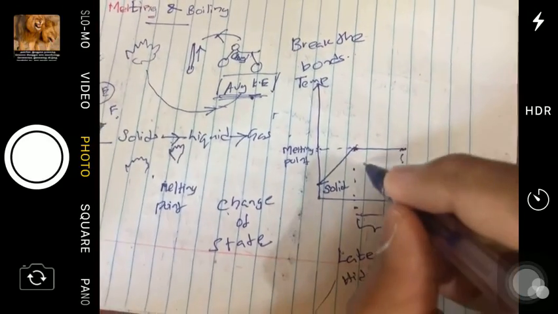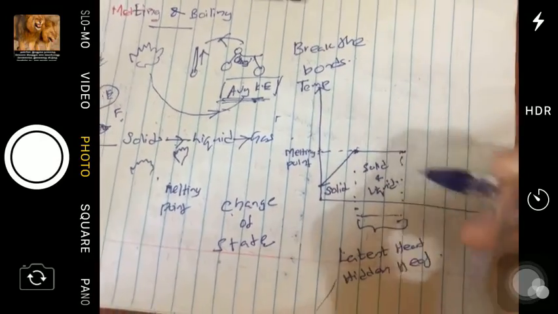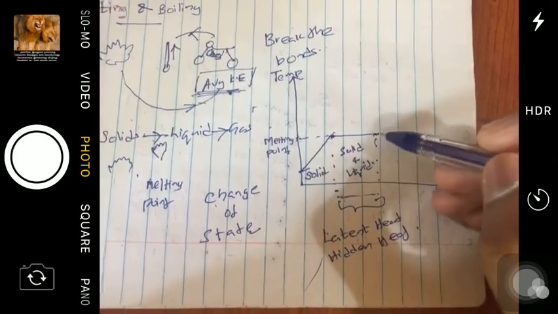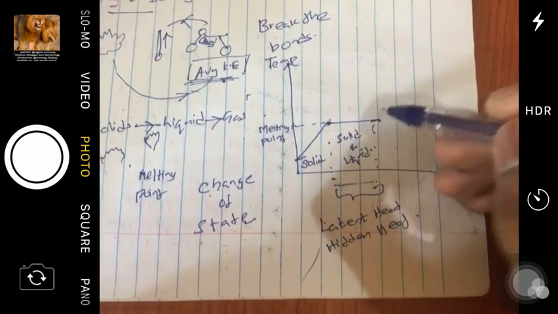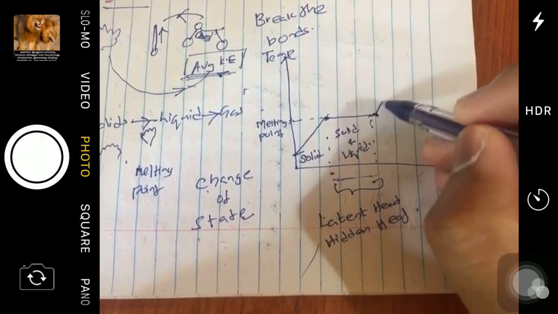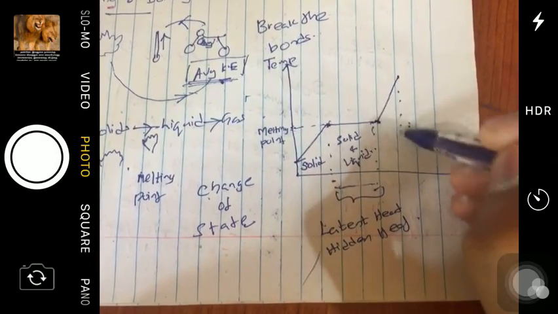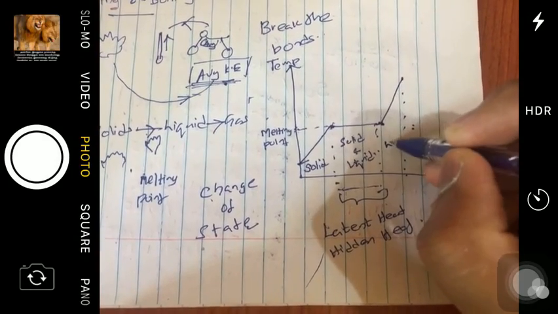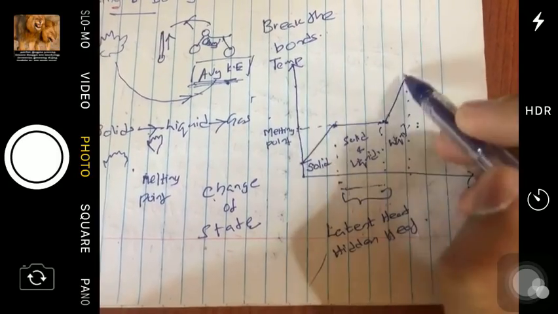During this time both solid and liquid are present. A part of it is converted to liquid and a part of it is still solid. Then here we have liquid, and when you give energy, its temperature increases. So during this state it is liquid and its temperature, you can see, is increasing.